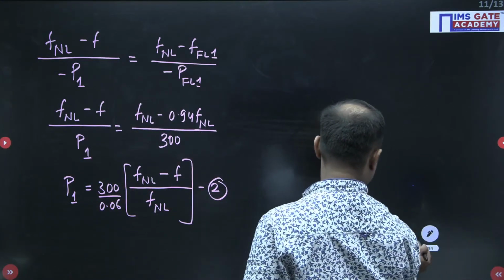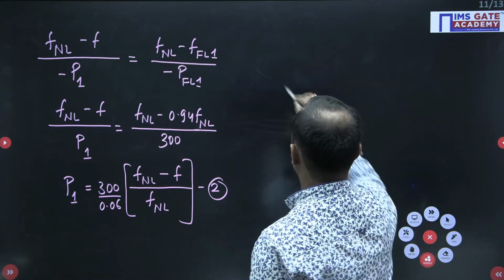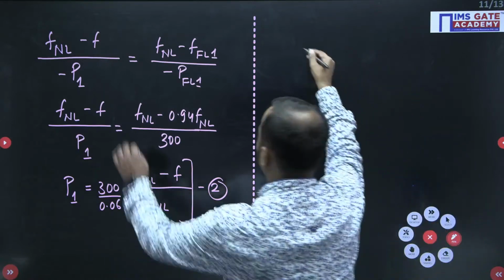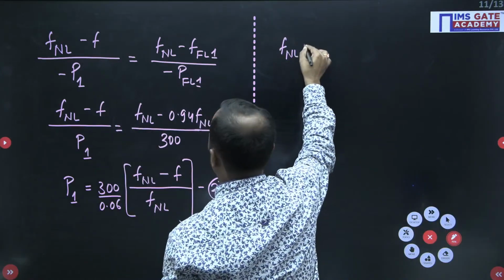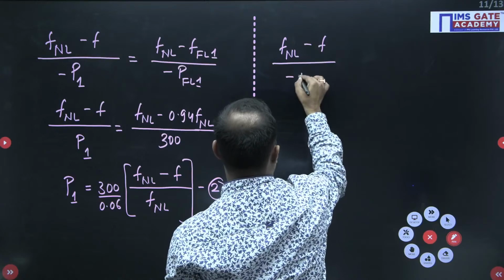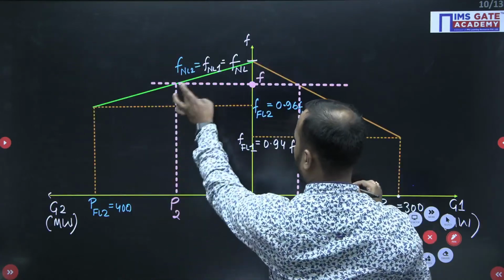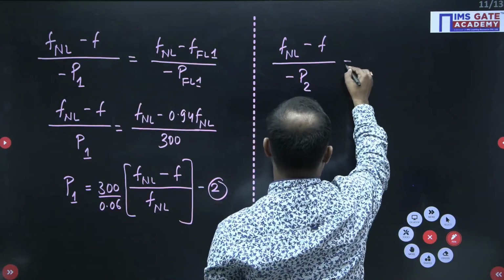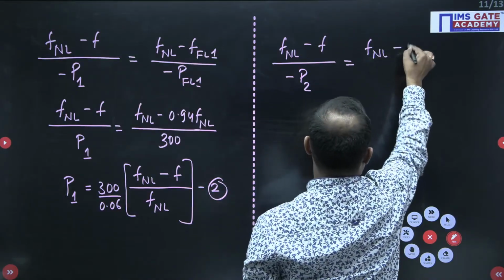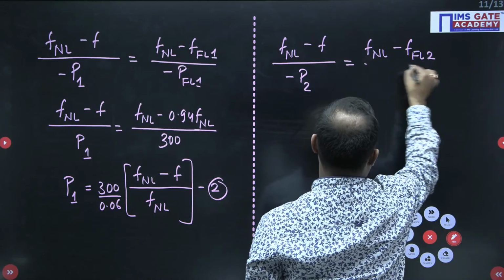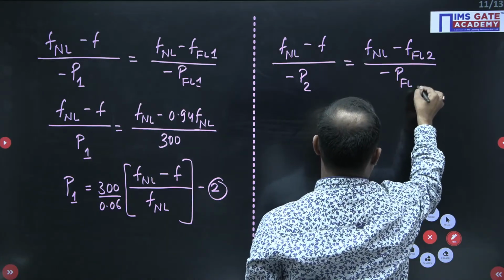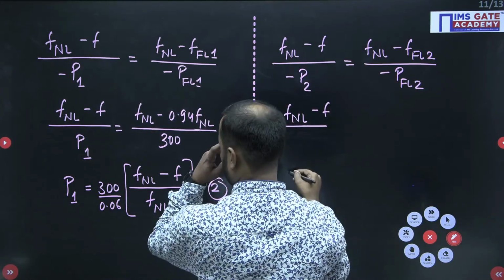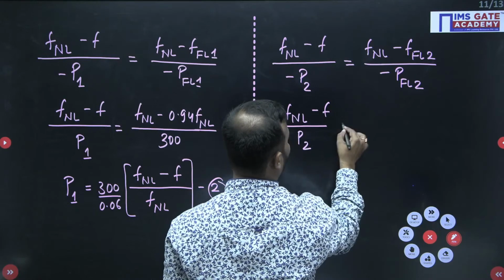Now similarly for the generator 2. What will it be for generator 2? F no load minus F divided by minus P2. This is the smaller one and this is the bigger one. This is equal to F no load minus F full load 2 divided by minus P full load 2. So F no load minus F, this will be P2, negative negative will be cancelled out.